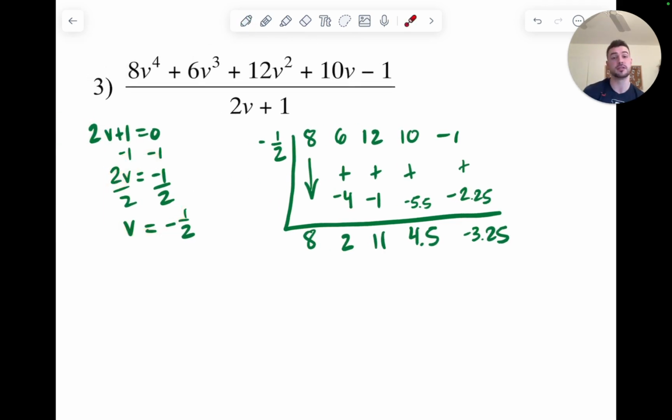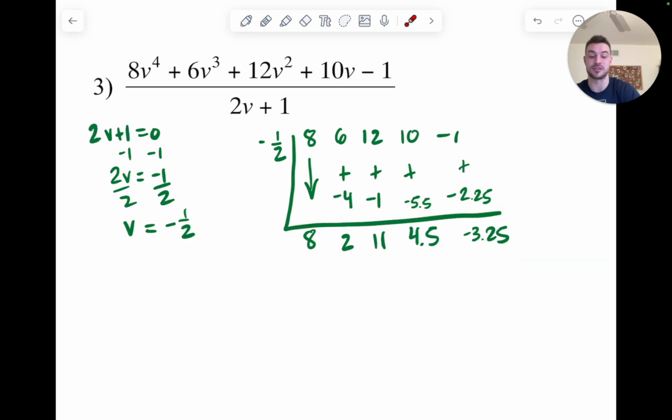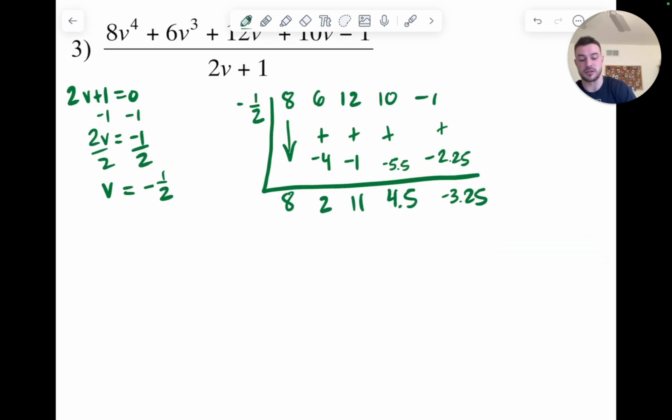All right, so here is where that division is going to come back into play that we talked about earlier. Because there is a coefficient of what we are dividing by, and it was 2, we had to divide by 2 to get the value that would go outside our synthetic division. So that means these coefficients are going to need to be divided by 2. So my actual answer is going to be 4, 1. Could leave this as 11 over 2, but I'm going to write 5.5.